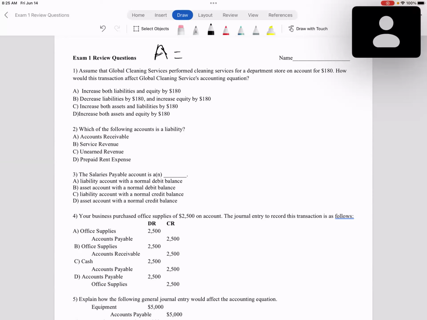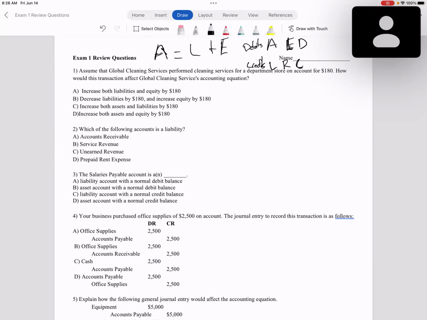L R C, right? And remember, these are debits, these are credits. So just to remind yourself, assets, expenses, and dividends all have debit balances, and liabilities, revenues, common stock all have credit balances.